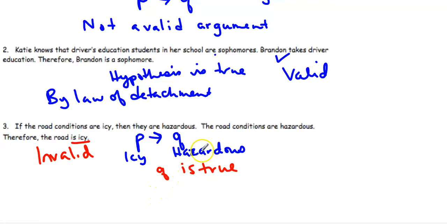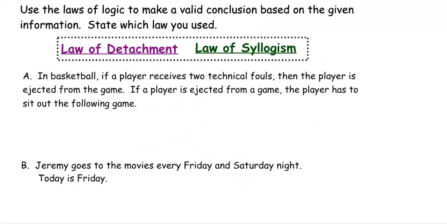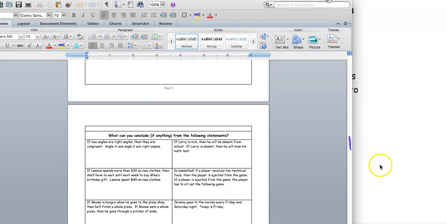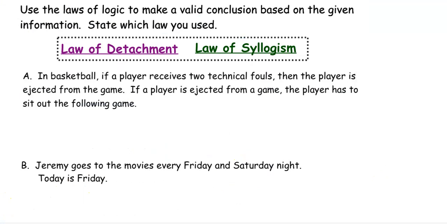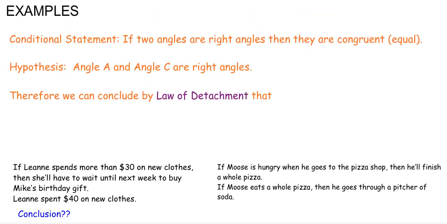There's a ton of things that could make the roads hazardous that doesn't include icy. But once you know the roads are icy, they have to be hazardous. So this is invalid. Just knowing the conclusion is true is not enough to be sure that the hypothesis also has to be true.